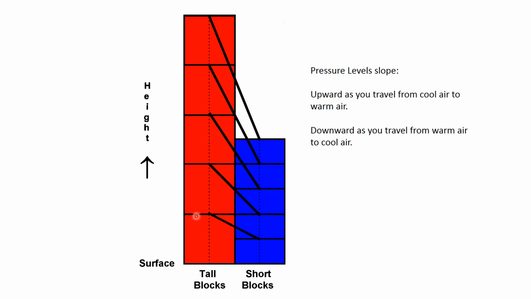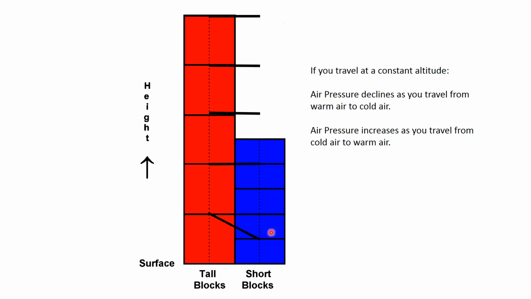You see, when I say pressure level, I'm talking about right here at this height, the pressure is 1, 2, 3, 4. Over here, the pressure is 1, 2, 3, 4. So this line connects those two, here where the pressure level is 4, and then down here where the pressure level is 4. So again, the idea is that as I'm traveling from the warmer air to the cooler air, that pressure level is sloping downward.